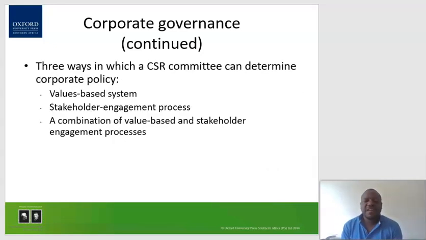So there are three ways. Corporate governance also plays a role because they are the ones who make decisions. They are the ones who determine how a company will engage in corporate social responsibility activities. So corporate social responsibility activities find their way through corporate governance.